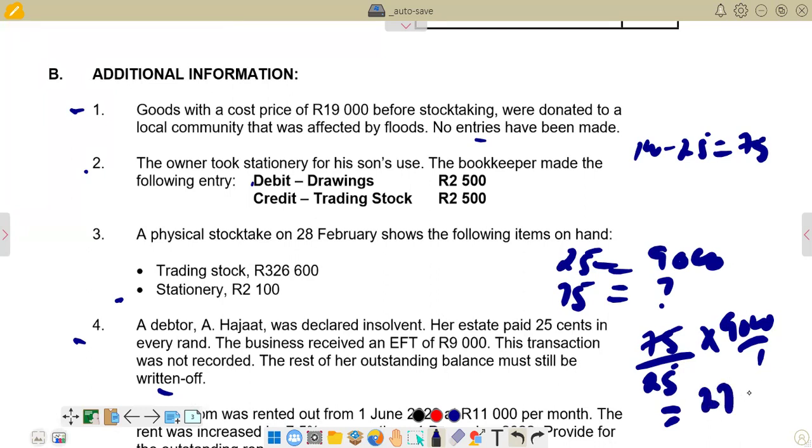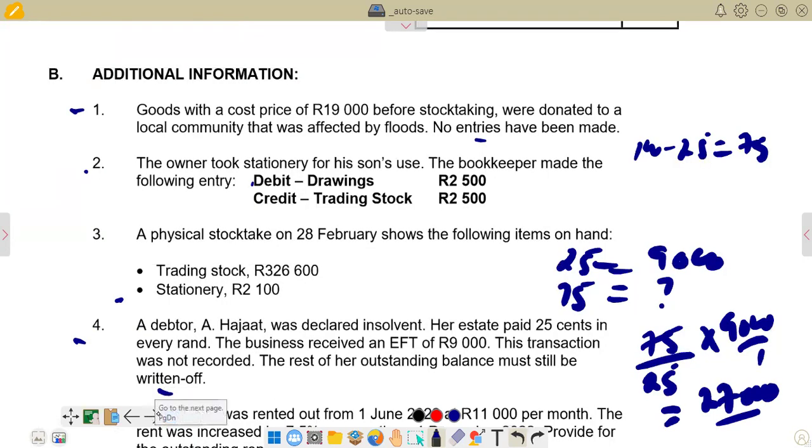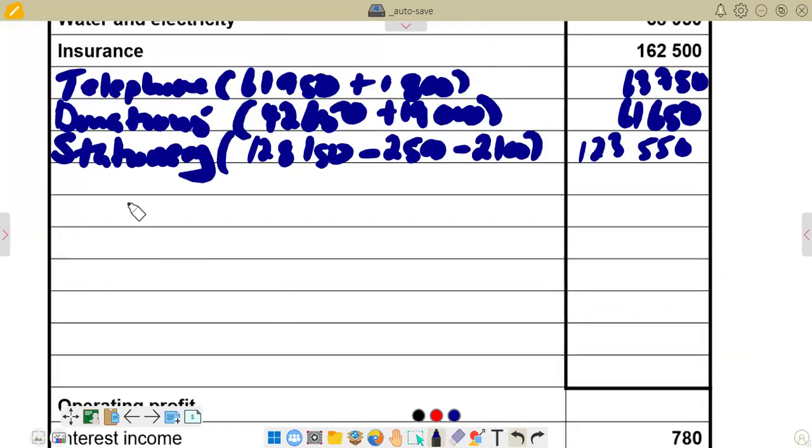So 27,000 becomes our bad debt, which you are supposed to add to the figure for bad debt that we are given in the list of balances. And remember, in the list of balances, we are given 30,600. So we add it to 27,000, get the total. So here we are saying bad debts.